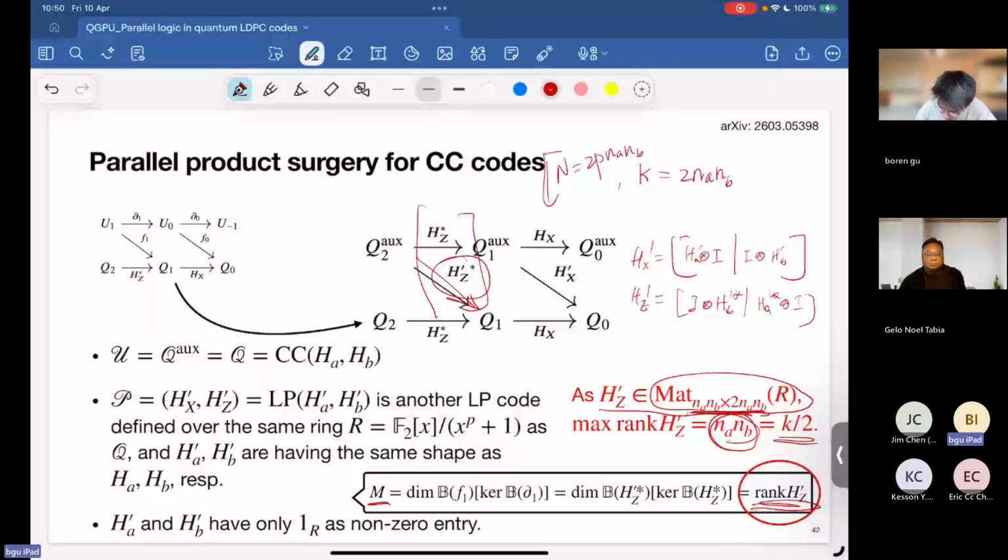So these are the code parameters. That is exactly upper bounded by half of the logical qubits.